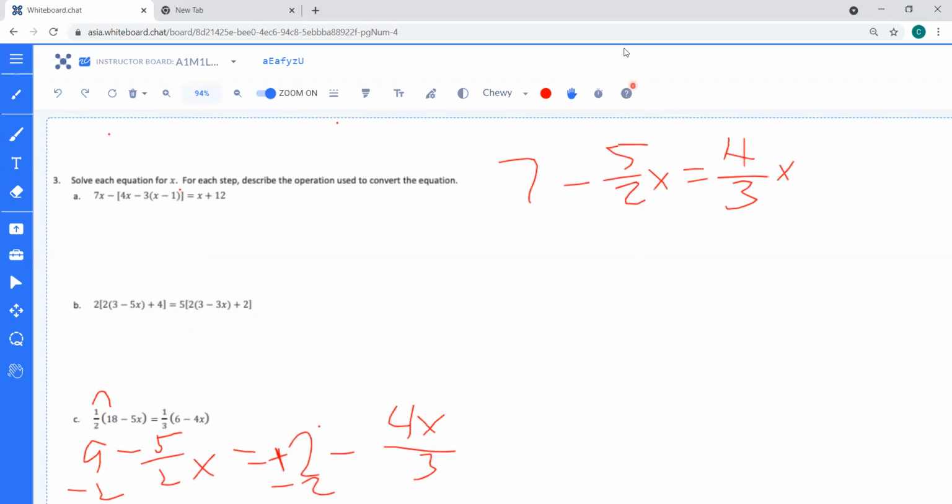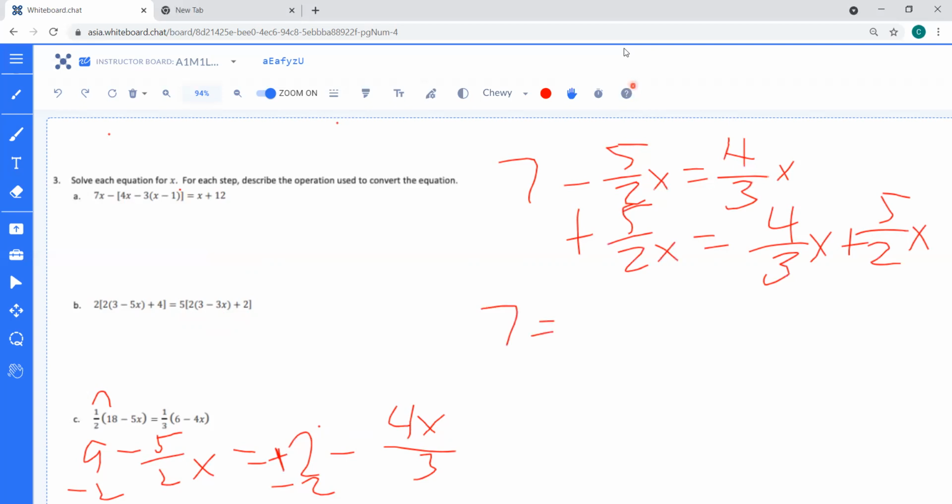Now, we would move this 5/2 to the other side. So that's 4 over 3x plus 5 over 2x. I can't do that yet because I don't have a common denominator. So if I make this into a common denominator and add it together, my common denominator is going to be 6. 3 times 2 is 6.